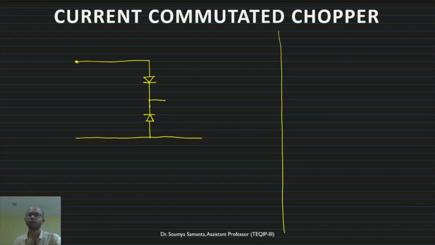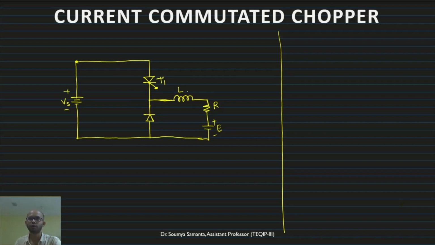Then the load part: inductor, resistor, and back EMF E. This is the buck converter, and at the input there will be the source voltage Vs. Here it looks like a diode, but this is a thyristor. The thyristor was Tu1, and this is the diode D. Now this was the buck converter.